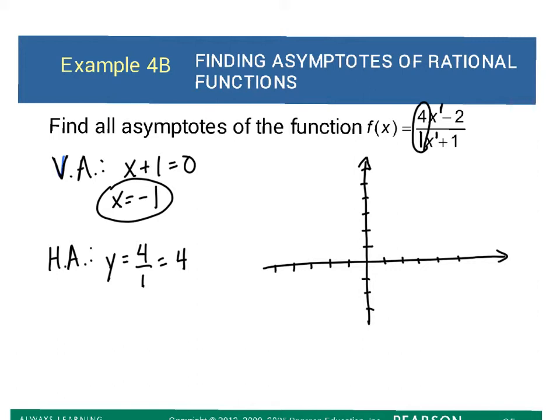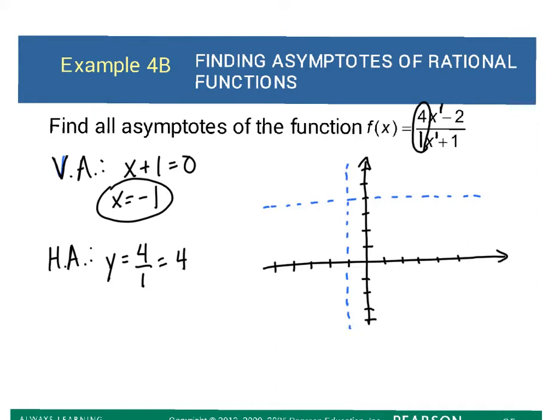Alright, now plot your vertical and horizontal asymptote, the equations of those, with a dotted line like I've been doing. So at y equals 4, we have a horizontal line there, and then at x equals -1, we have a vertical line there.